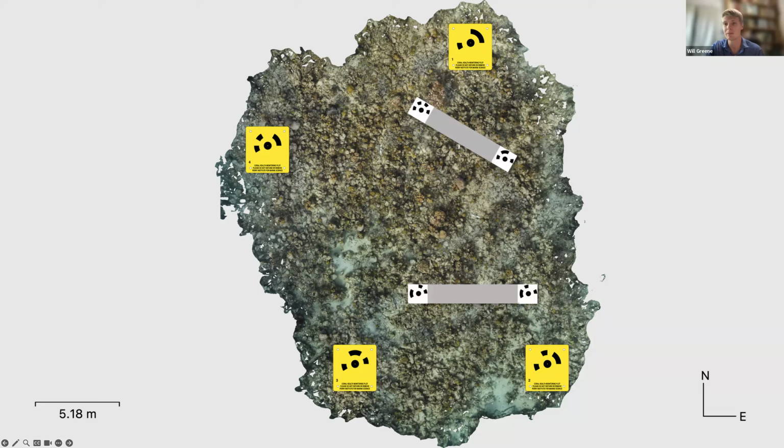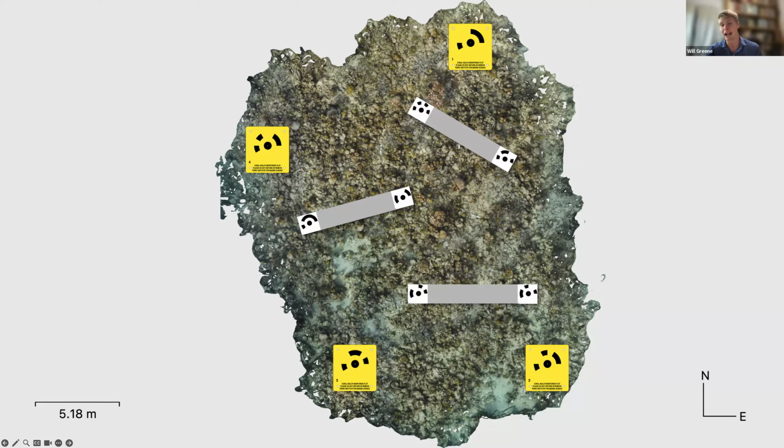And those just need to be placed somewhere where they're visible from above and where they're not going to move with the current. And sometimes that might mean placing a dive weight on top of them or a piece of coral rubble or something like that to make sure they don't move. The key thing is that all of these objects on the bottom need to be visible in the photos and unobstructed. That's the key. Once those have been placed, the next step is to collect the georeferencing information.